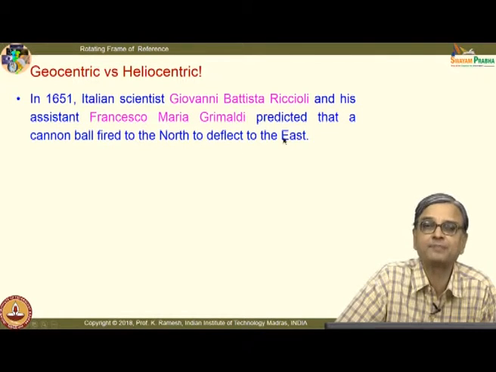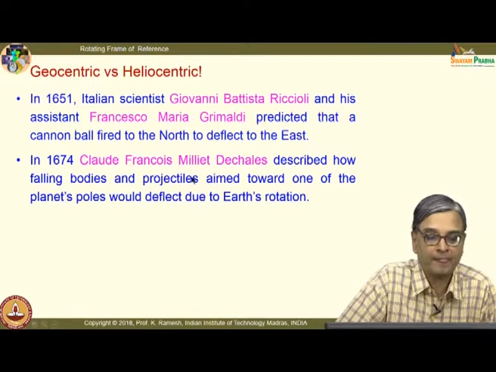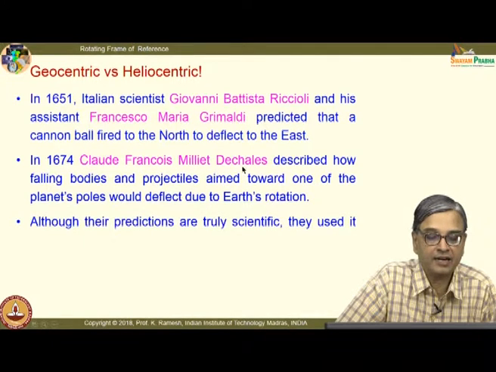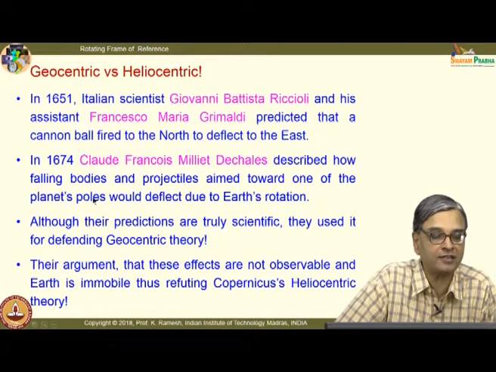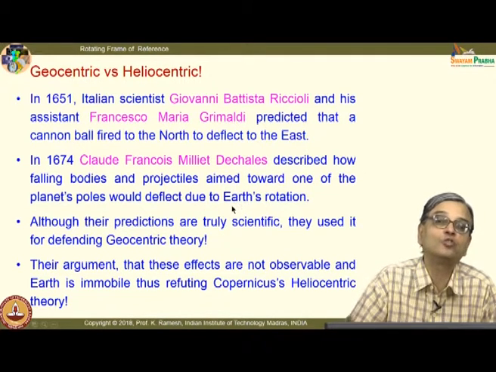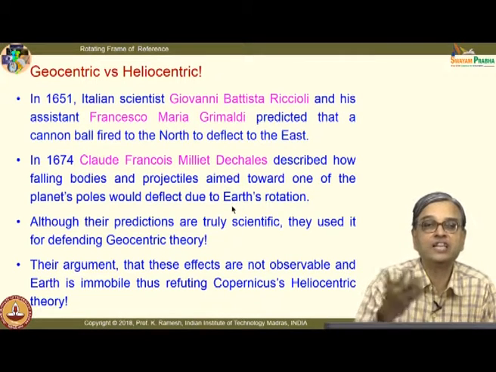This is a very right prediction, provided the earth was rotating. And another scientist in 1674, Millet de Chales, described how falling bodies and projectiles aimed toward one of the planet's poles would deflect due to Earth's rotation. We have seen falling bodies also deflect, and we have understood reasonably well, due to Earth's rotation, how winds change direction.